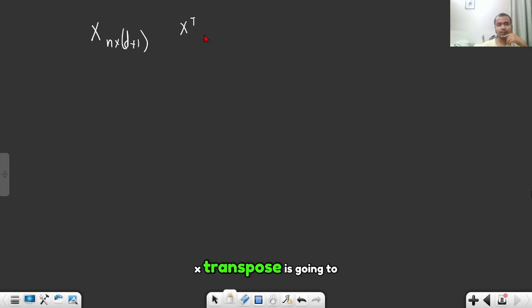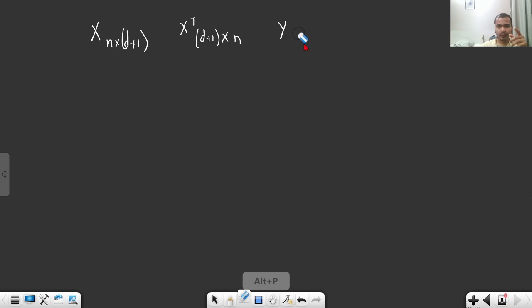X transpose is going to be d plus 1 times n, and y has only one feature but n rows, so it will be n into 1.